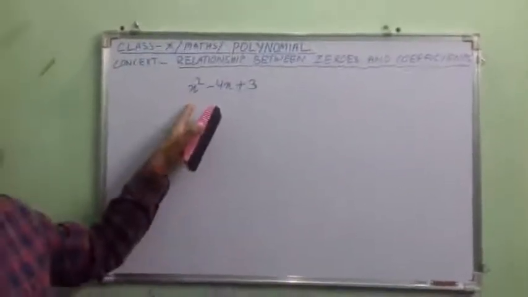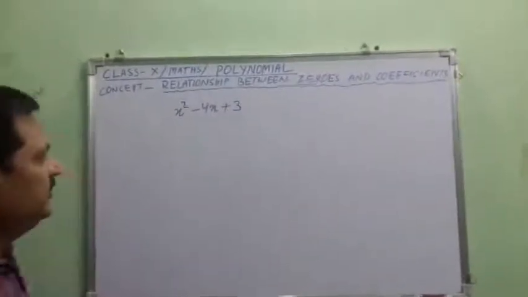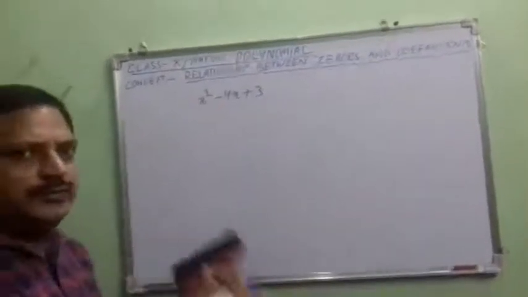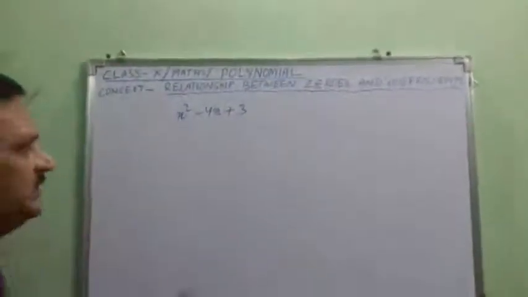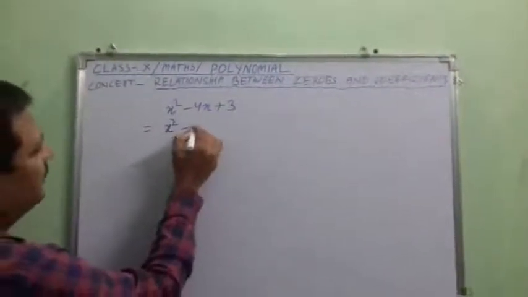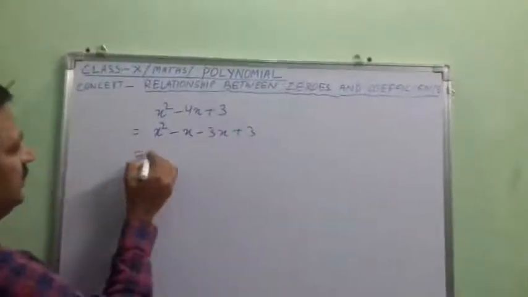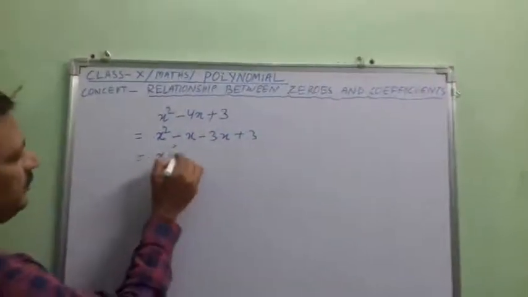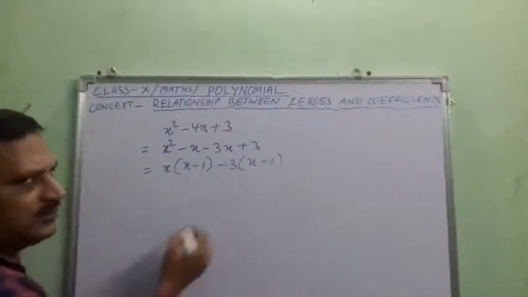Let us take one example, x square minus 4x plus 3. If I go for finding its zeros by the factorization method, how can we do this? We can split it as x square minus x minus 3x plus 3, which is equal to x into x minus 1 minus 3 into x minus 1.